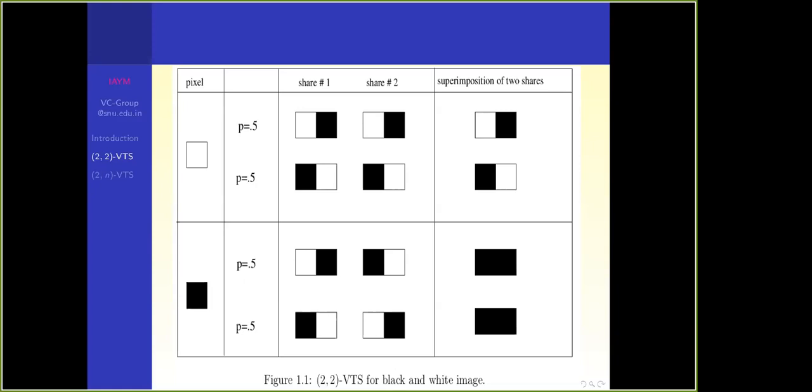If they come together, if they superimpose, what will they get? White, black only, right? Otherwise, I can give this also, black, white, for both. They stack it, they will get black, white. Whereas for a black pixel, for the first person I am giving white, black, but for the second person I am giving black, white.